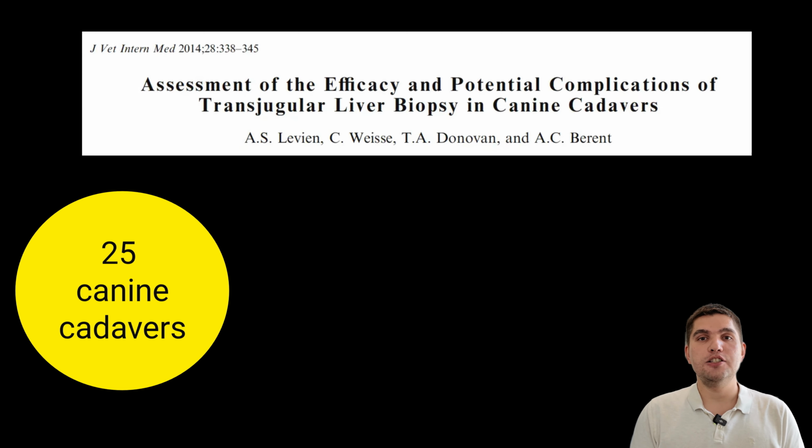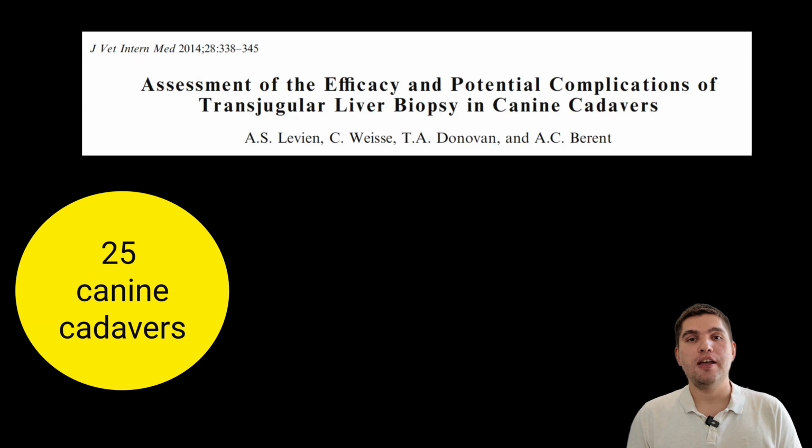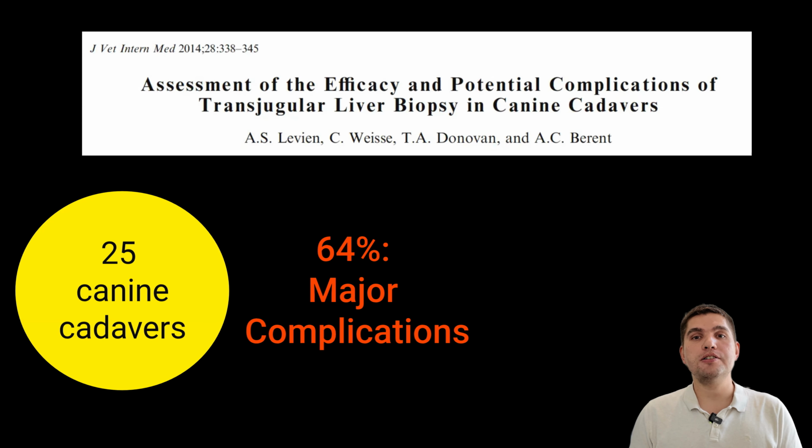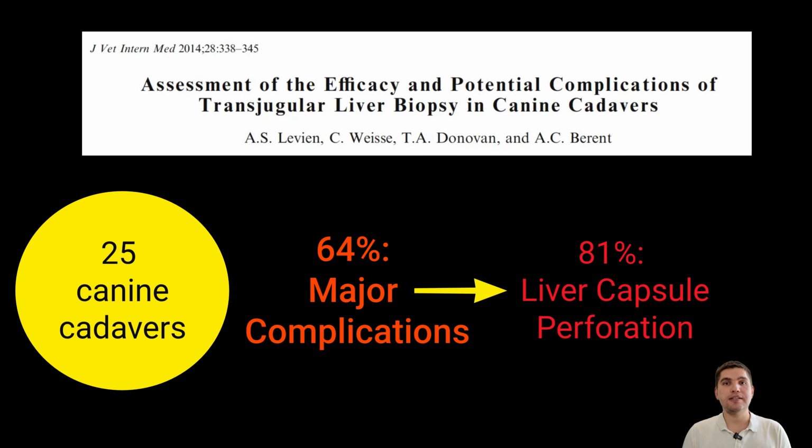They tested it in 25 canine cadavers, and the results weren't great. 64% of the dogs had major complications, and in over 80% of those cases, the liver capsule was perforated. So the authors concluded that because of the way canine liver lobes are shaped, transjugular biopsy just isn't safe in dogs. And it's not recommended in clinical practice at this point in time until more research is conducted.